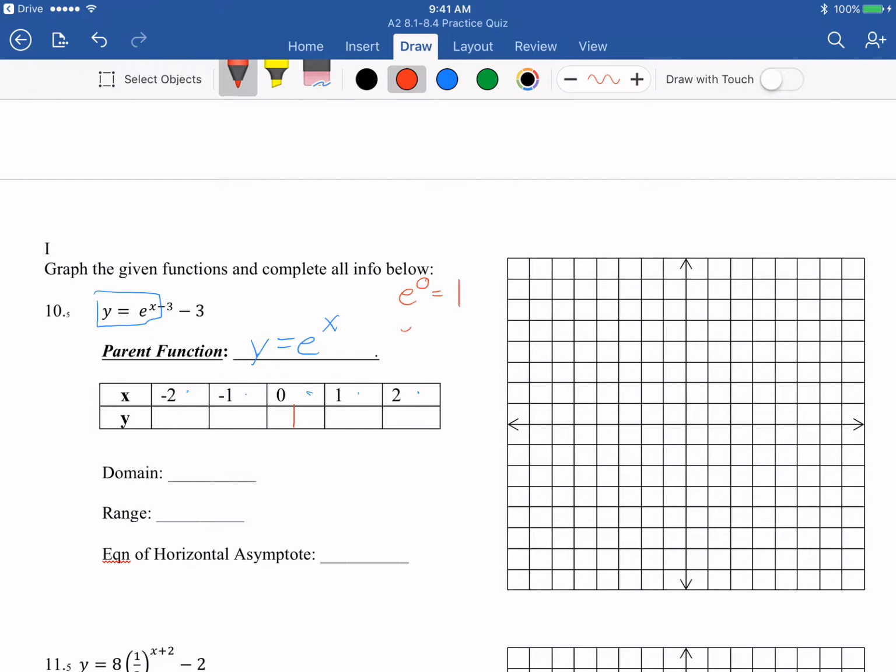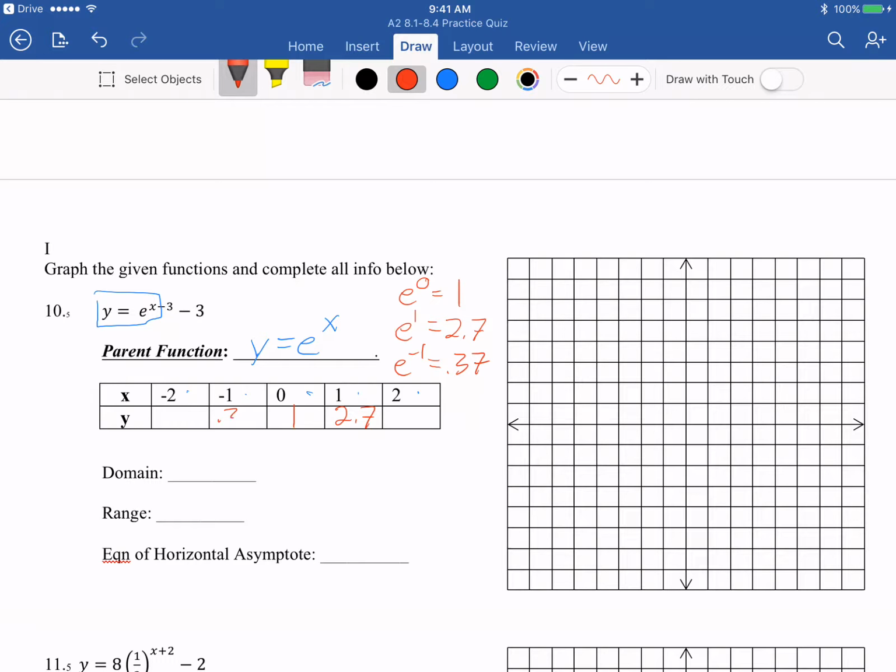Now we plug in e to the first. e to the first is just e itself, which is 2.71828 and so on. I could just say that's 2.7-ish. If I plug in e to the negative 1, you can put that into your calculator and you get 0.37.